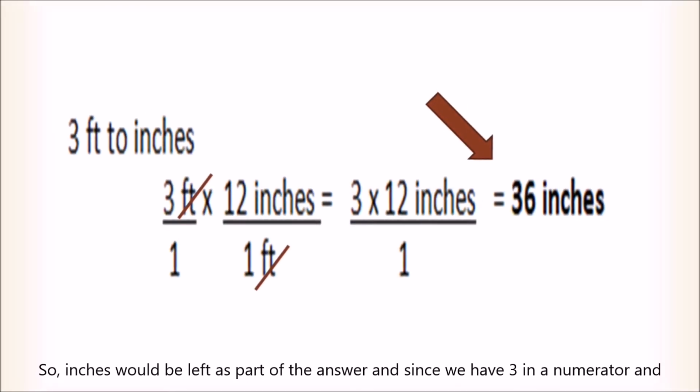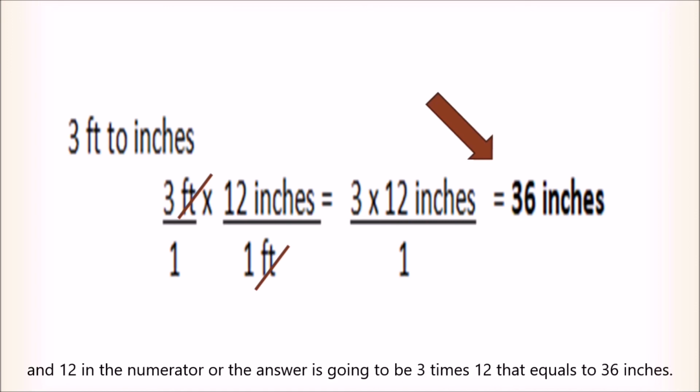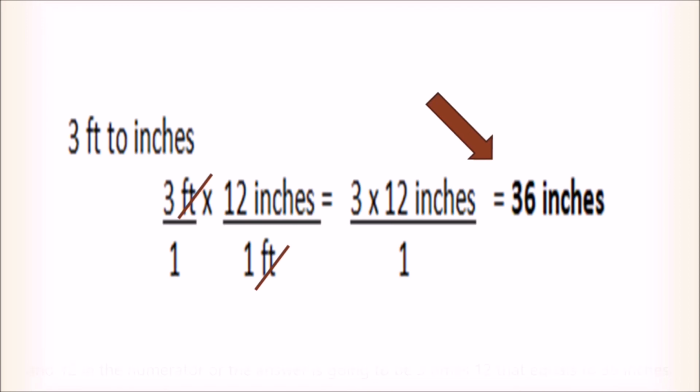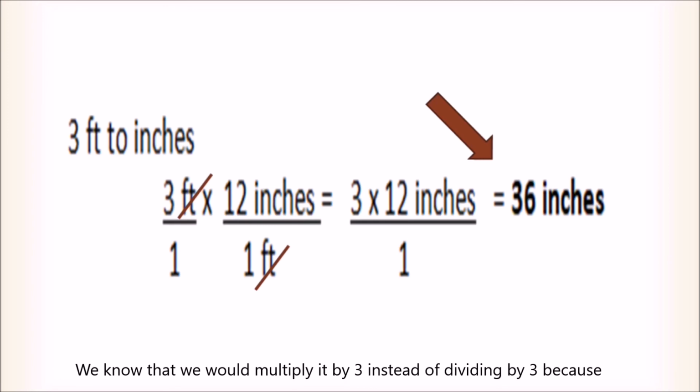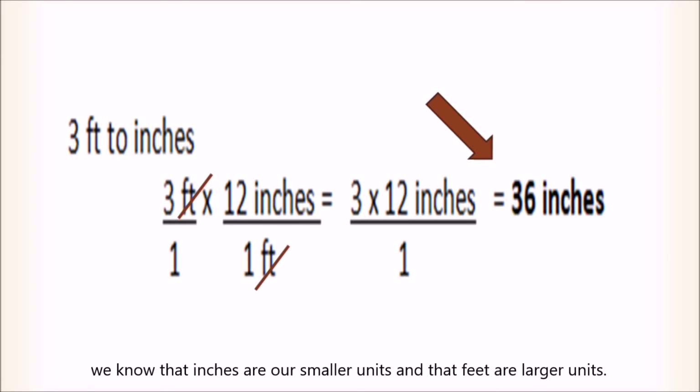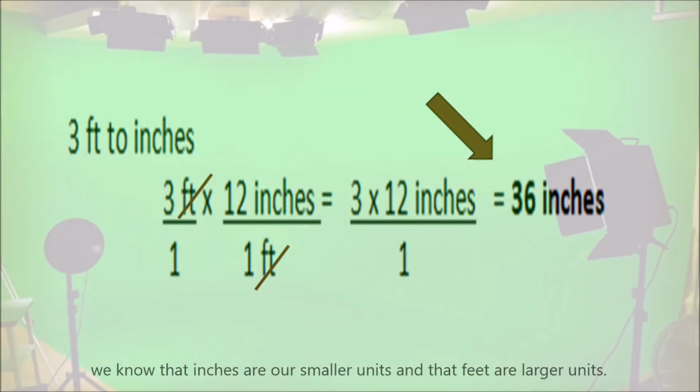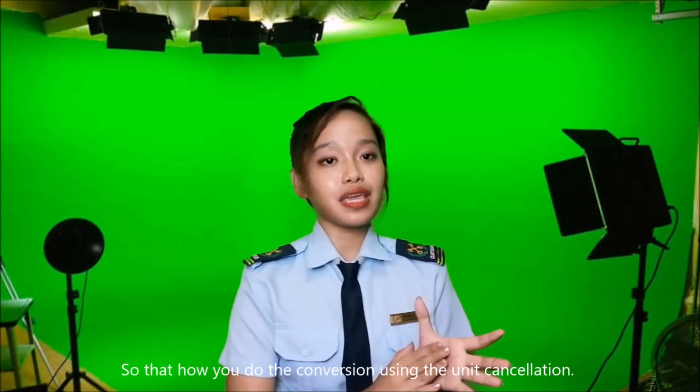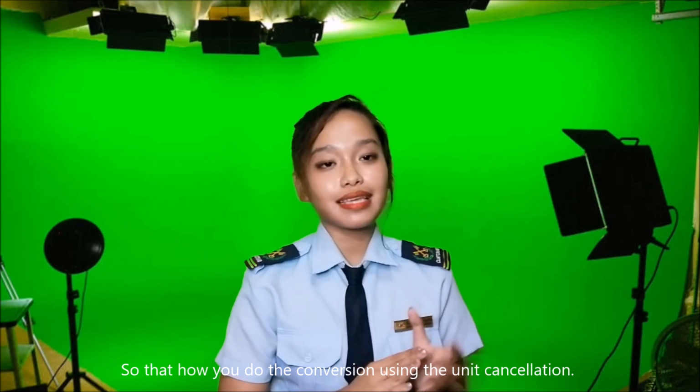So inches would be left as part of the answer, and since we have 3 and 12 in the numerator, the answer is going to be 3 times 12, which equals 36 inches. We know that we would multiply by 3 instead of dividing by 3, because inches are smaller units and feet are larger units. So that's how you do the conversion using unit cancellation.